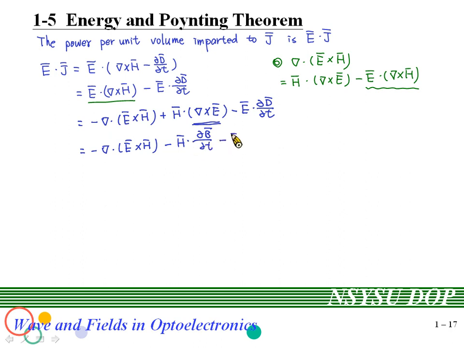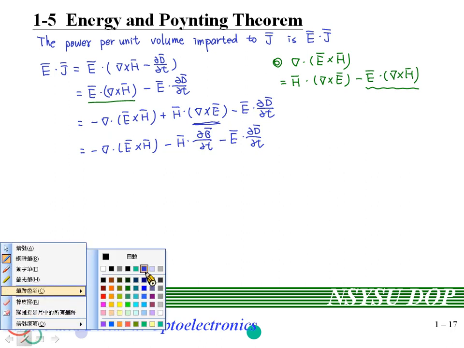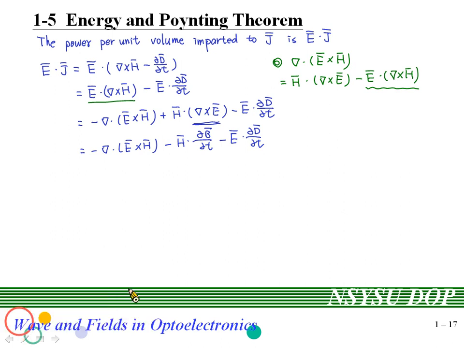And the final one is E dot partial D over partial t. Okay? And it is hard for us to understand the physical meaning right now, so we have to perform some arrangement. Before that, we have to define each item here.